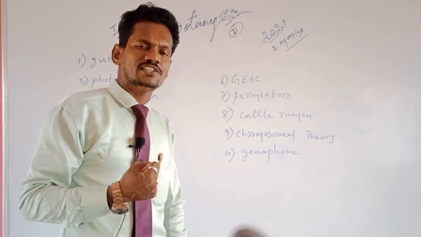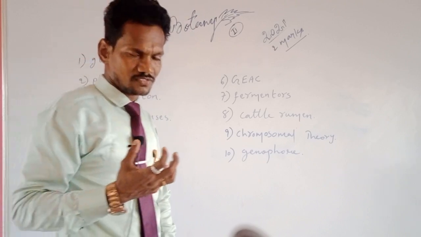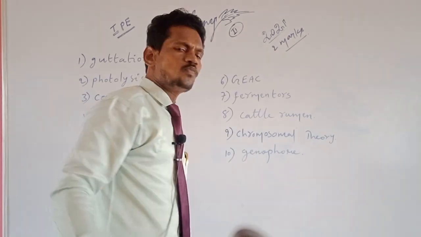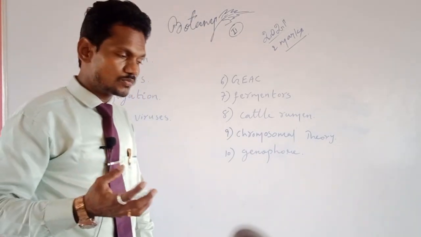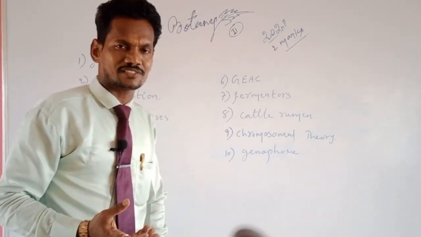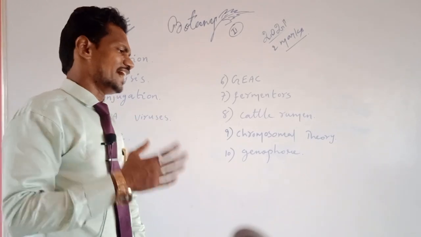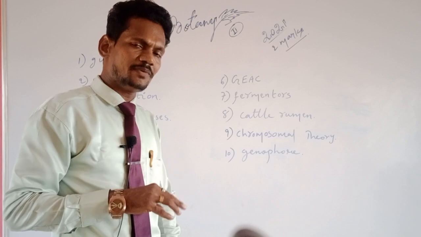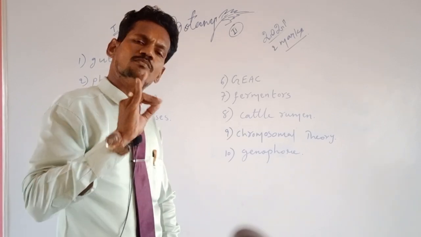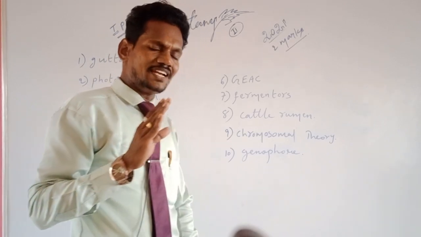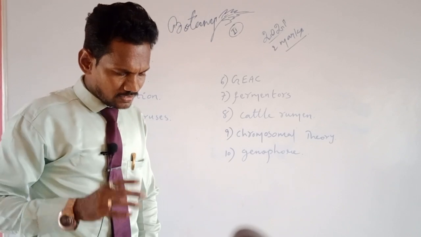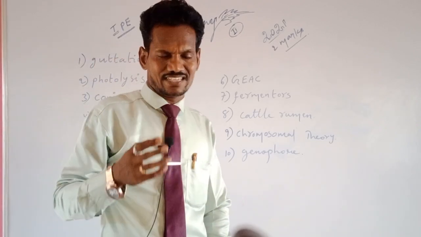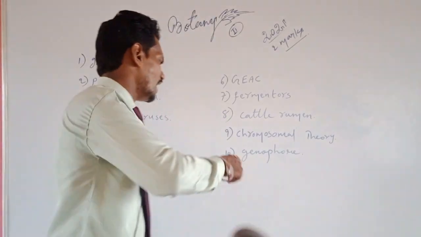Then one more, who proposed the chromosomal theory of inheritance? The answer is, there are two scientists, Sutton and Boveri. The scientists Sutton and Boveri proposed the chromosomal theory of inheritance.